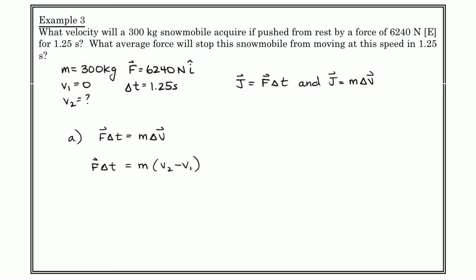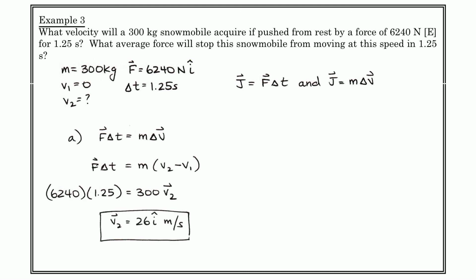And when we change delta v into v2 minus v1, we can now substitute, saying that v1 is equal to 0, and we get 6,240 times 1.25 equals 300 v2. And the final velocity, which is of course in the same direction as the force, which is east, is in the i hat direction. So we get 26 meters per second east, or i hat.